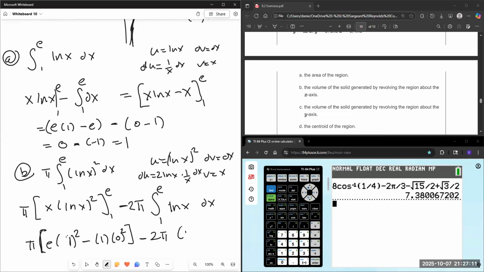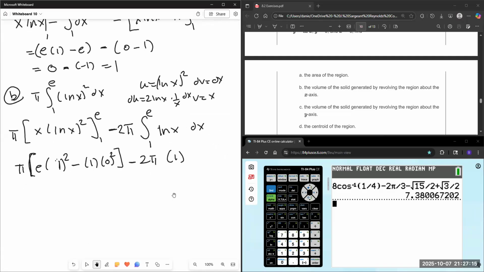We just found out that that was 1. So no need to do all those steps again from part A. It says pi times e minus nothing minus 2 pi, which is pi times e minus 2.